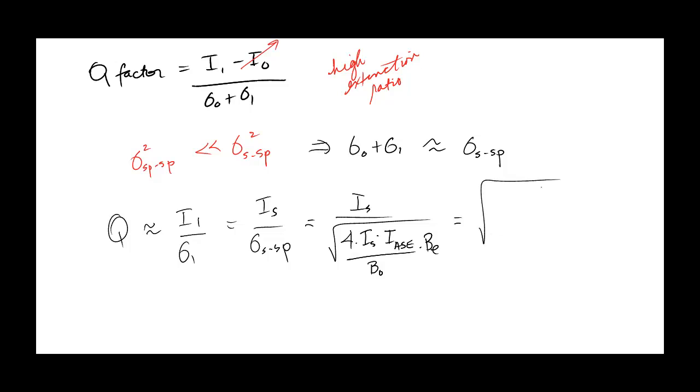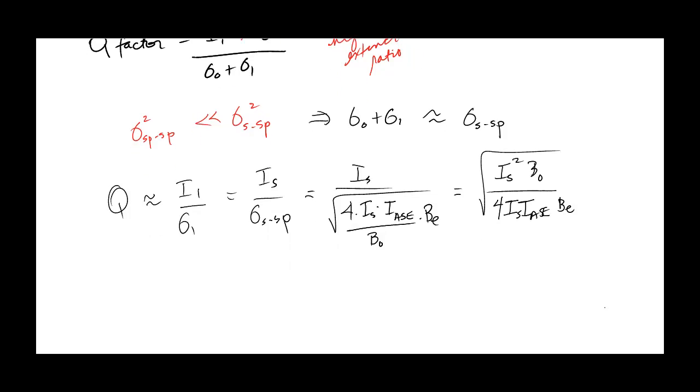So we can simplify that a little bit. It's the signal current squared over 4 times the signal current times the ASE current, times the electrical bandwidth, and of course that's just 1/2 the square root of the signal current divided by the ASE current, and the square root of BO over BE.